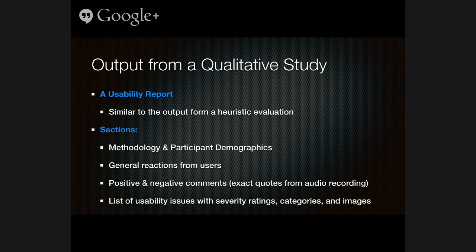Usually you do a bunch of general reactions from users first. So whatever little quantitative measures you have, if you gave people surveys and Likert scales, you put it in there. Broad thoughts, like most people hated it.